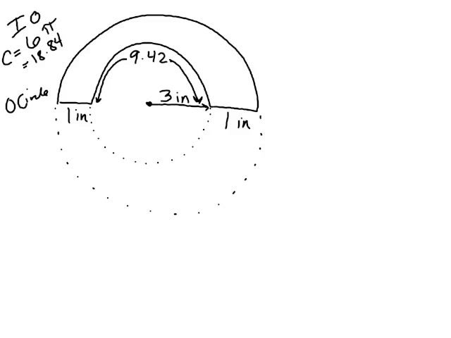The radius. So if this is 4, the diameter of my larger circle is 8. So my circumference would be 8 times pi. What does it equal? 25.13.